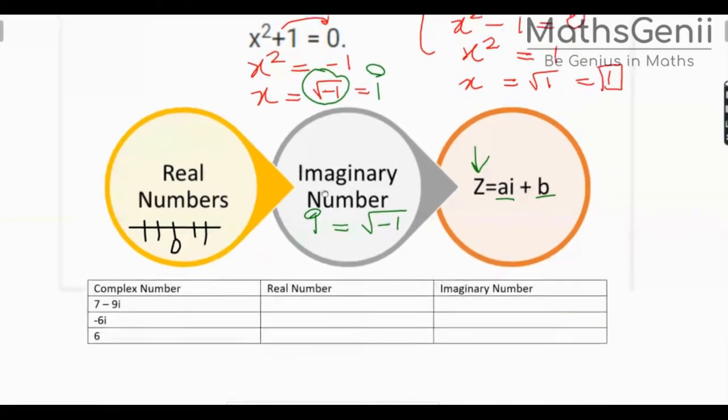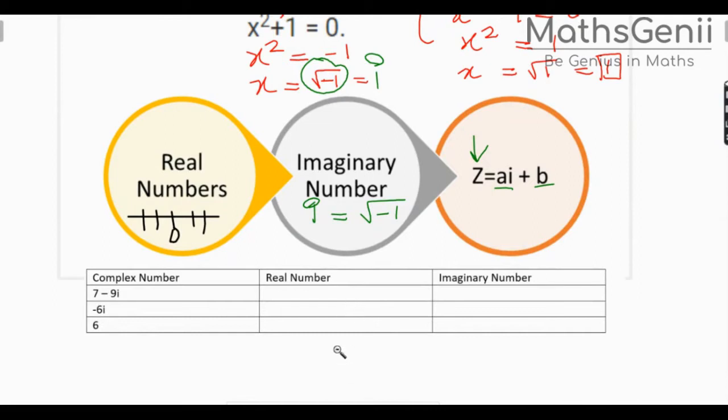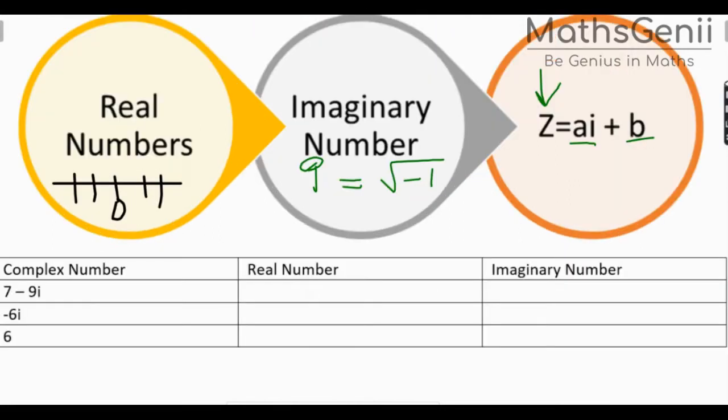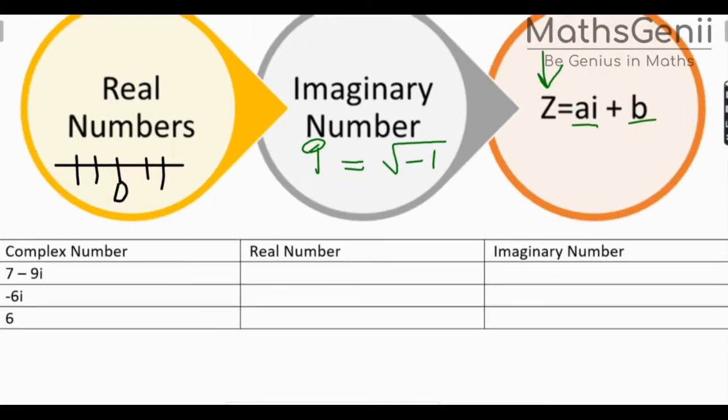Okay. Now let's do a small activity. If you have understood this, you can pause the video, write down the answers, and again play the video. Now in this, what is the real part? 7. Absolutely correct. What is the imaginary part? Minus 9. So here I'm writing i.